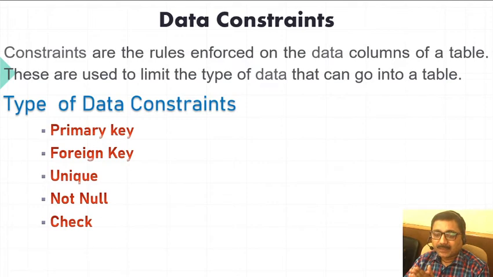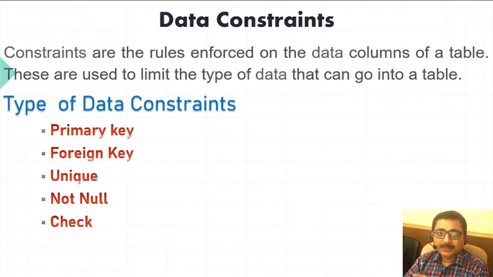Suppose we are going to create a table for storing data of all the people who want to have a driving license, and one of the eligibility conditions is you have to be 18 years and above.